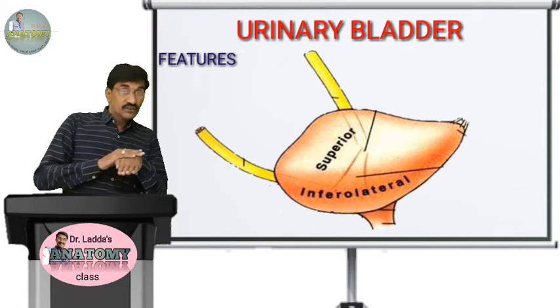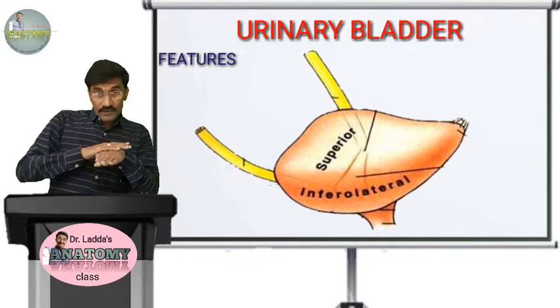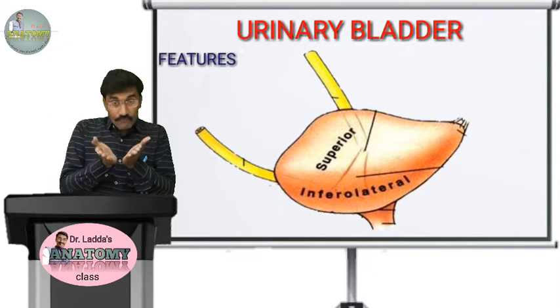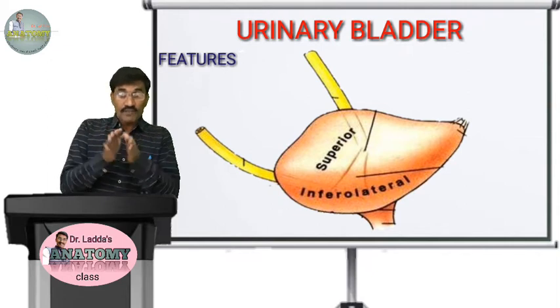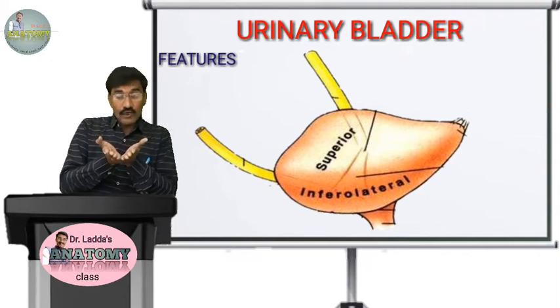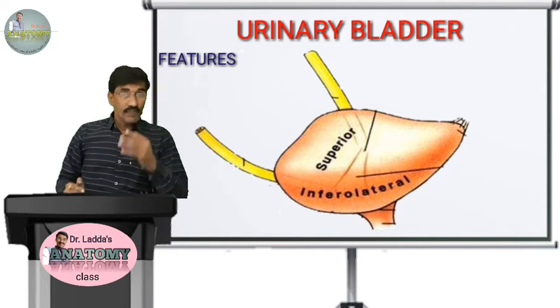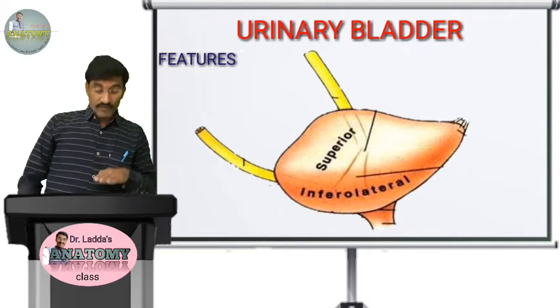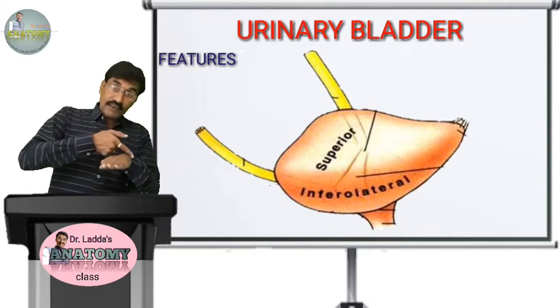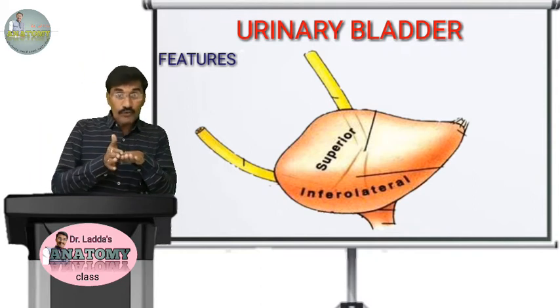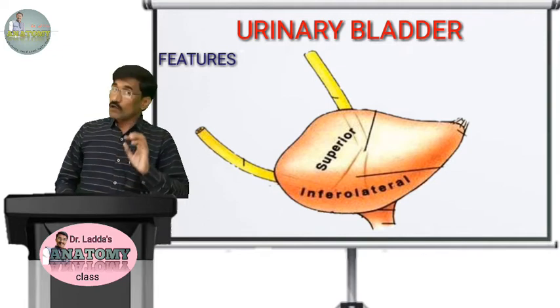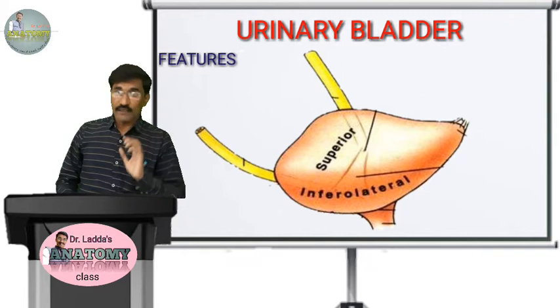It has three surfaces: one superior surface, and two inferolateral surfaces. And it has four borders: one anterior border, one posterior border, and two lateral borders. So these are the features of the empty urinary bladder.